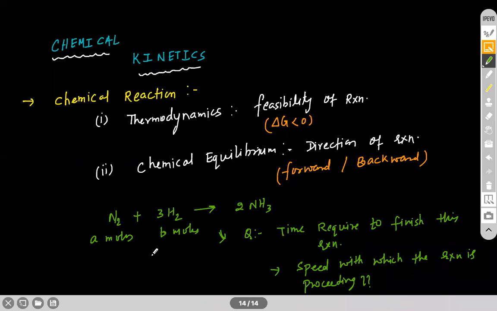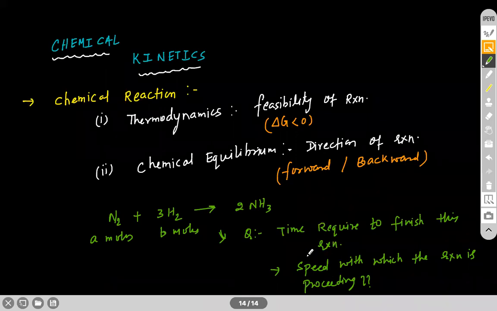But with what speed the reaction is proceeding, or by what time the reaction gets over, this information we do not have right now. You cannot answer these two questions, because we do not know the rate at which the reaction is proceeding.